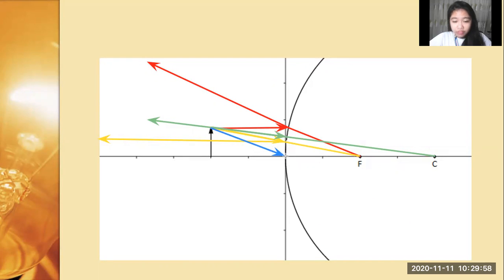Let's measure the angle. So this one has 21 degrees. It's not 21.